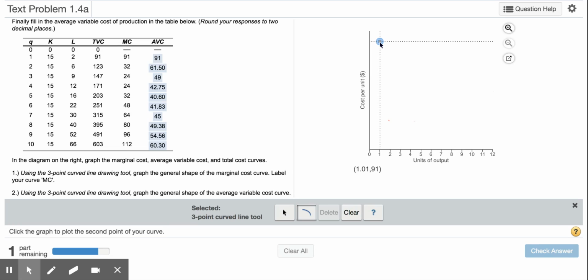Now we're going to look for the minimum marginal cost, which is 24.